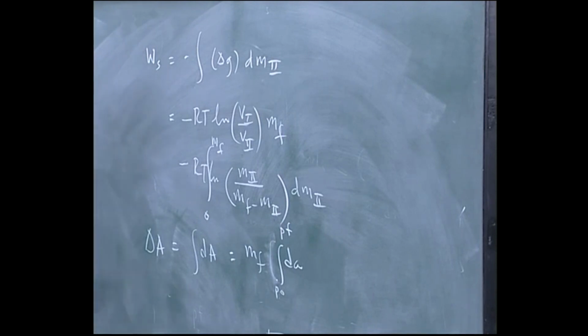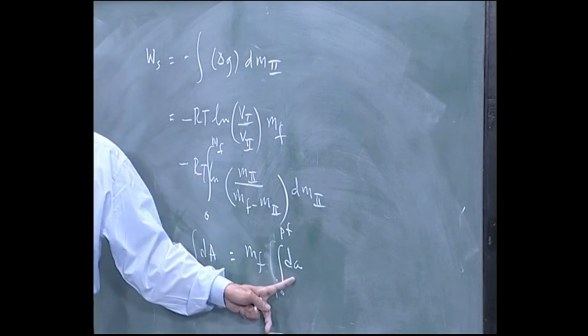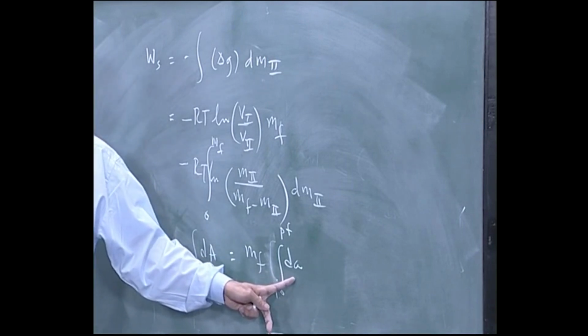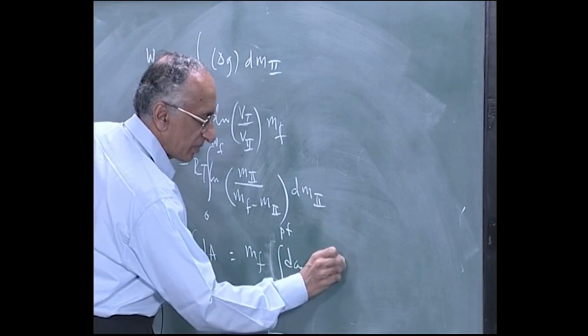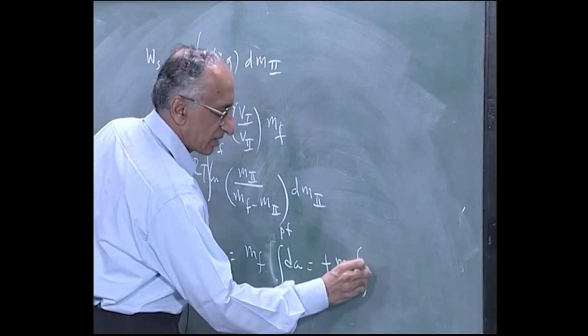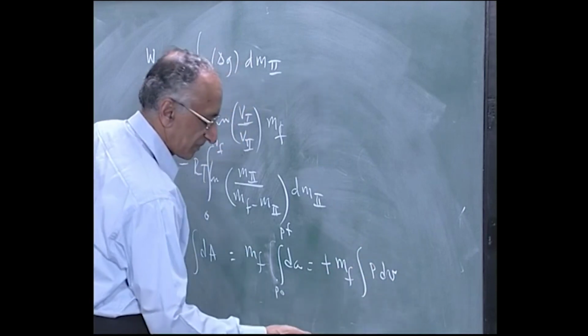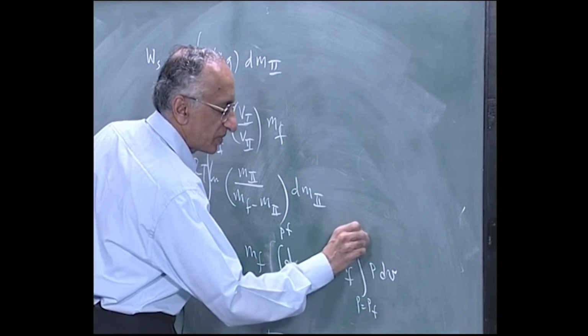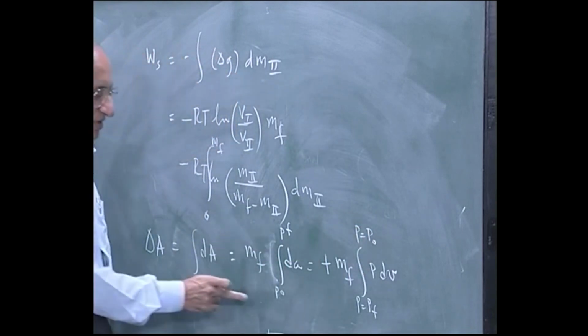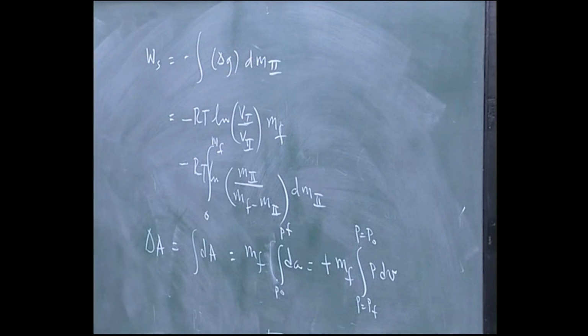And at constant temperature dA is actually minus S dT minus PdV, so this is simply minus or plus integral MF times P dV from P equal to Pf to P equal to P0. I will switch the minus sign, switch the limits.